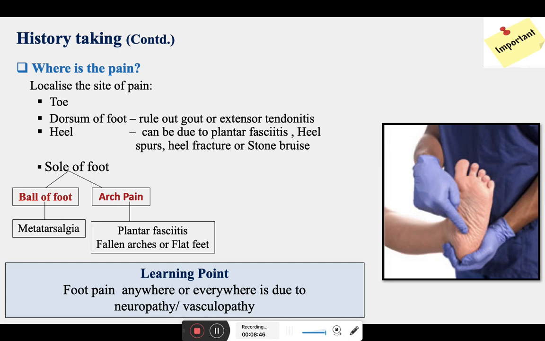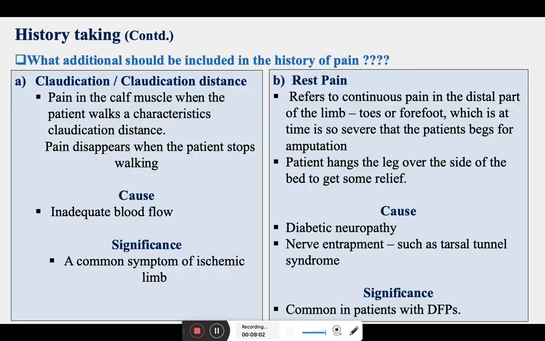We know about Charcot foot, so that also falls under arch pain. So the learning point is foot pain anywhere or everywhere is due to neuropathy or vasculopathy.